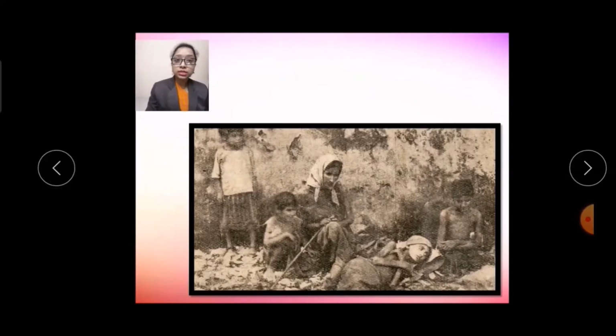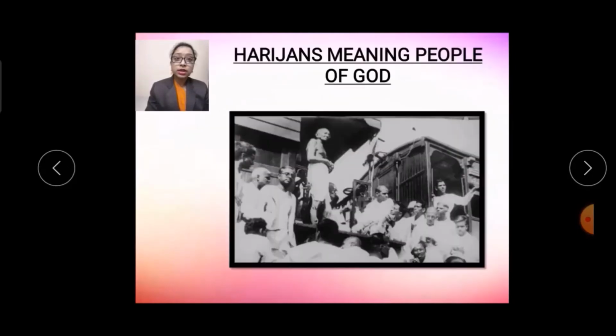So he started working towards this aim, and he also called the untouchables Harijans, and Harijans means people of God. By doing this, Gandhiji quickly won the support and respect of the common people of India.